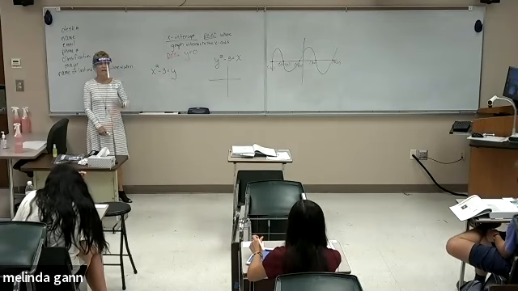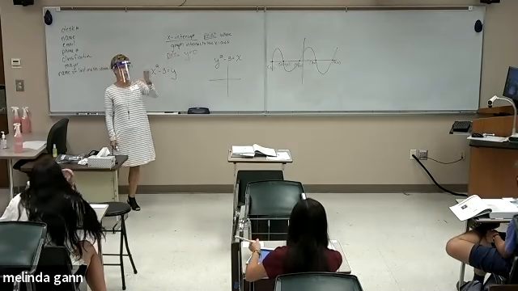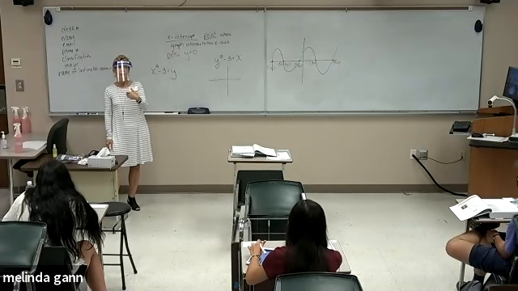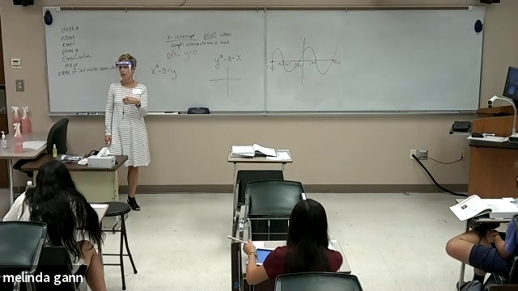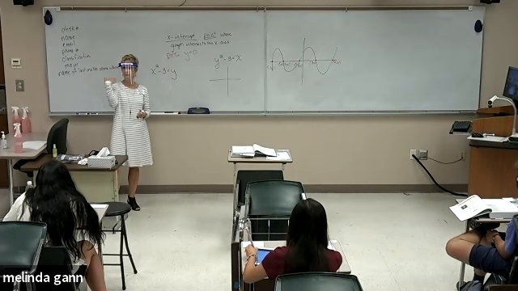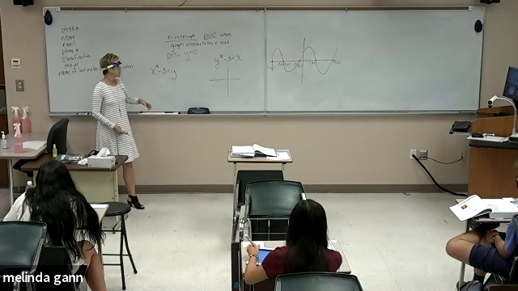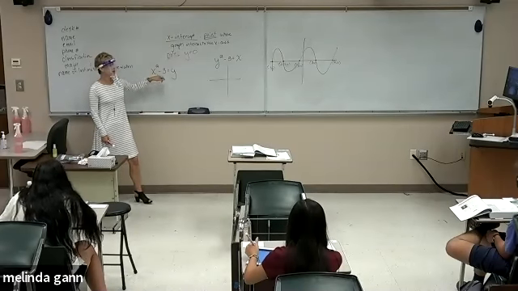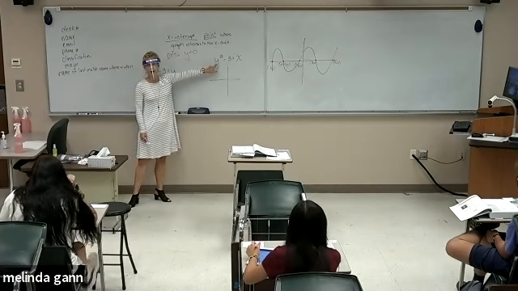Parabolas. Now, sometimes parabolas go up, down, sometimes they go left, right. How do I know when they go up, down versus left, right? The sign tells me whether they go up or down or left or right. But how do I know if they're up, down versus left, right? It's by what's squared. Like here the x is squared, and here what's squared is the y.